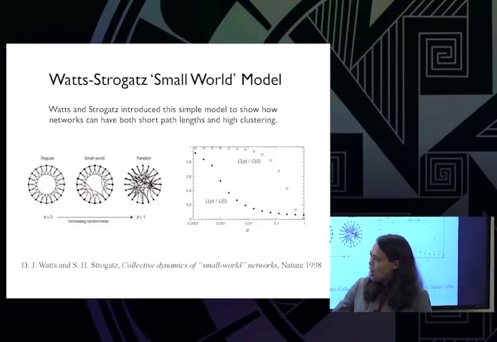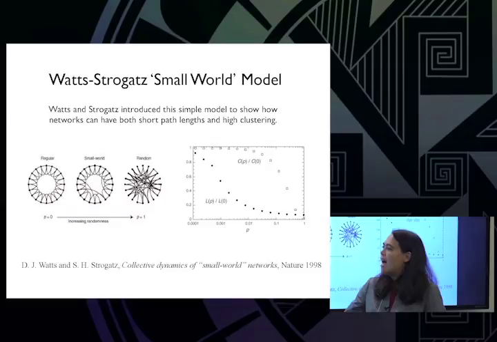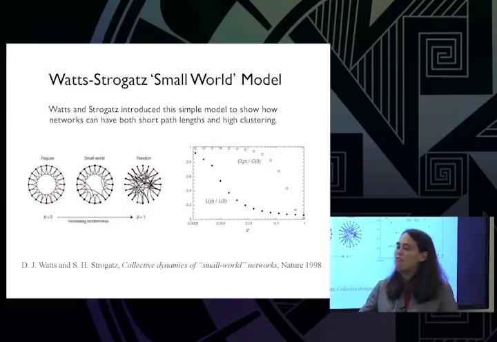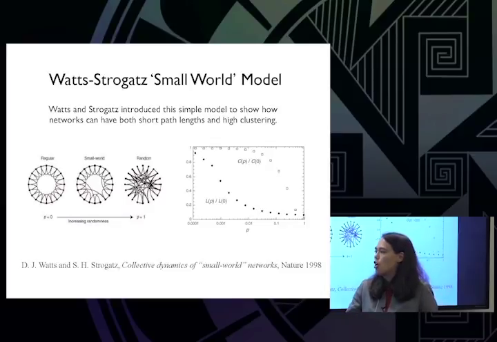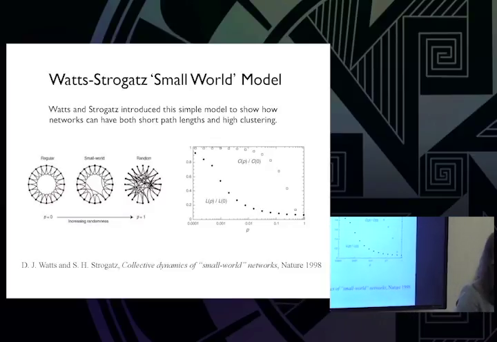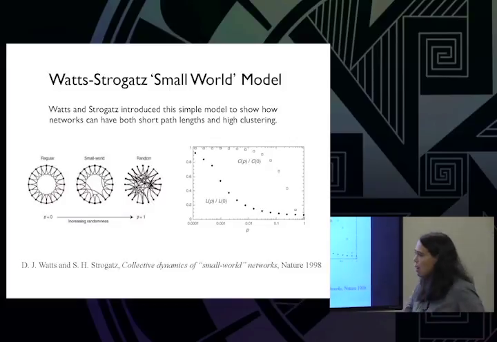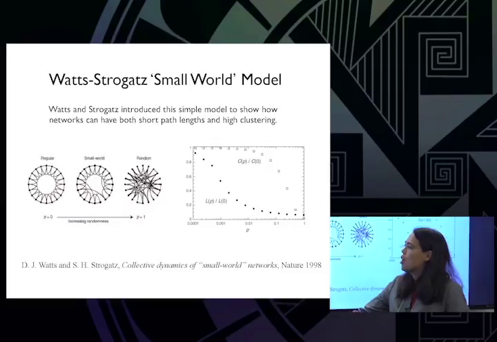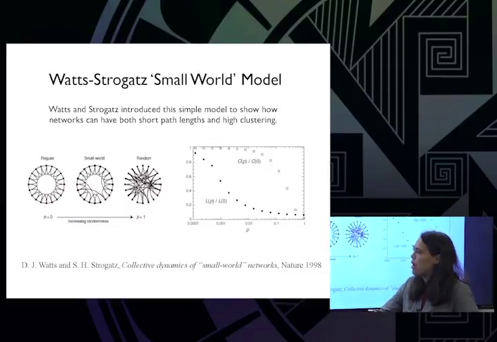They started with this regular lattice, and then they tuned the probability of rewiring every edge. So for p equals 0.1, they looked at every edge, they flipped a coin, and they rewired that edge with that small 10% probability. They picked one of the ends at random and moved it somewhere else.